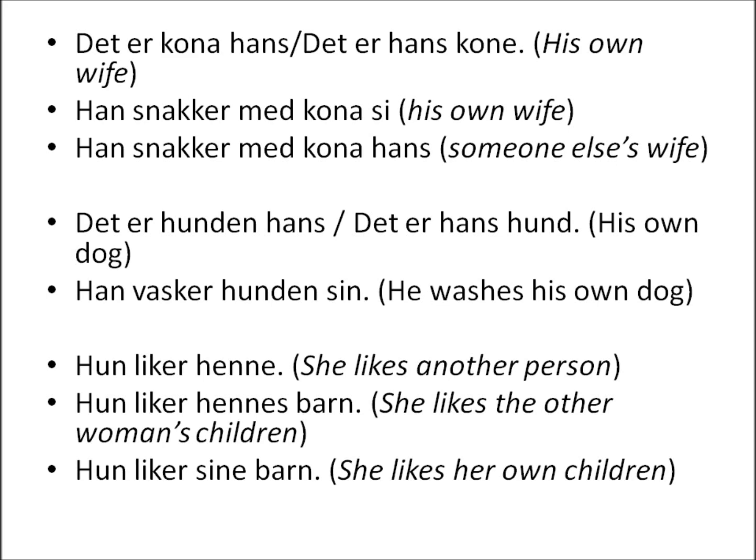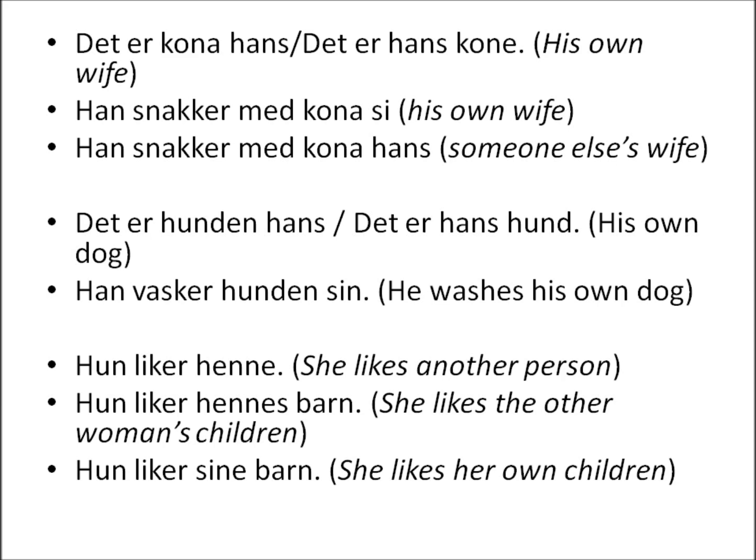So when you are speaking of the person himself, who is the subject, we will use si. But if we are talking about somebody else in regard with the subject, we will use hans.